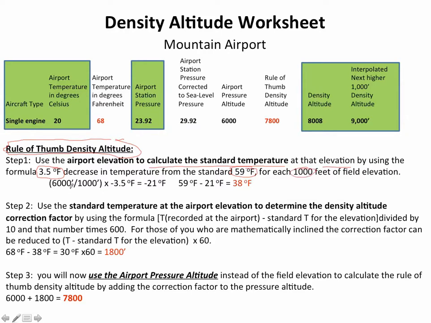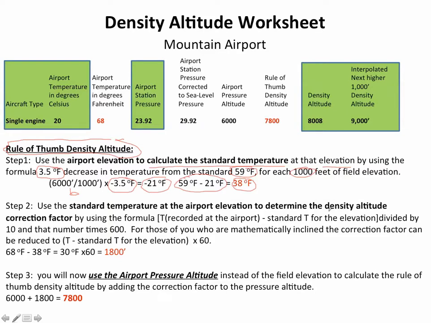So we've got 6 times 1,000 is the number of thousands of feet, times, in this case, we're going to decrease a negative 3.5, so we're going to subtract 21.5 from 59 degrees to get, for our airport, our standard temperature is 38 degrees Fahrenheit. So that's the temperature we have to use in our calculation.